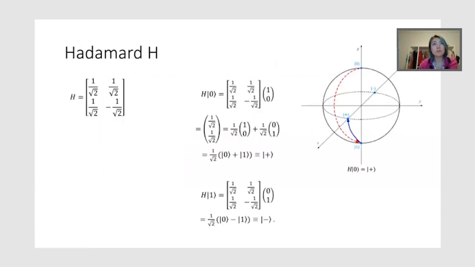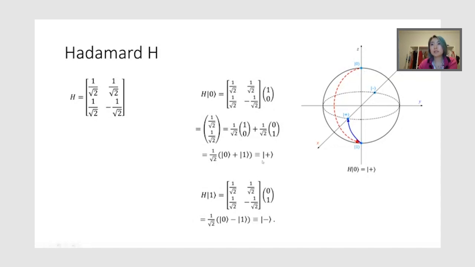Sorry about that. So last time we also introduced some commonly used gates. The Hadamard H gate, remember, can apply to any vector, but if you apply it to 0 or 1, you can see that it changes the location to this middle point.